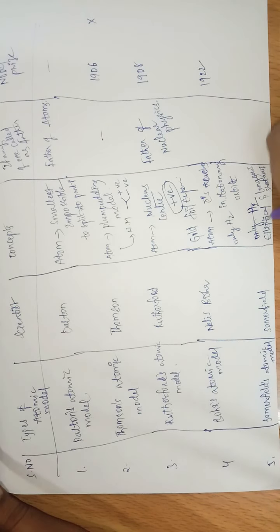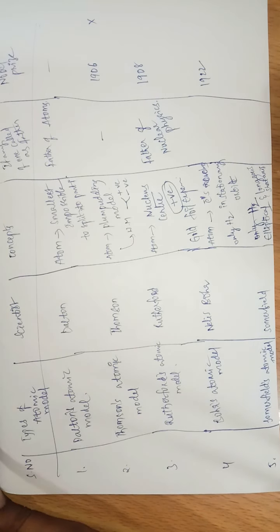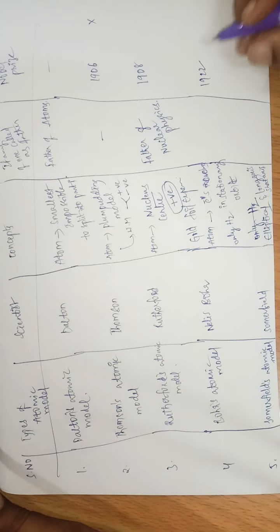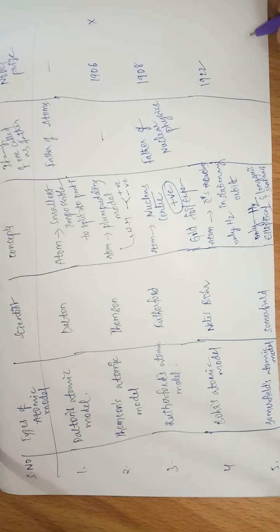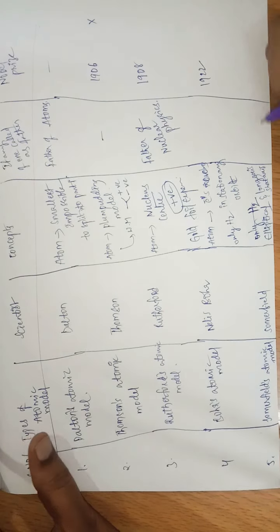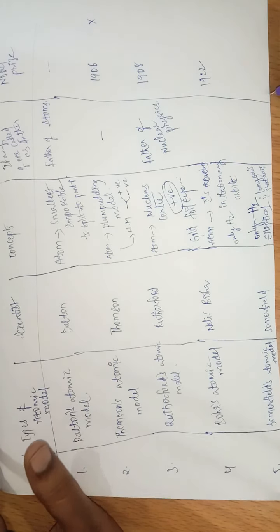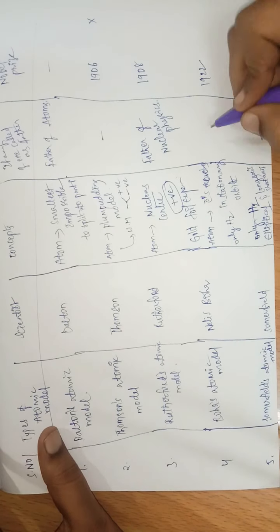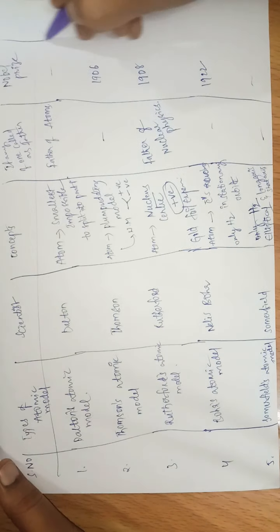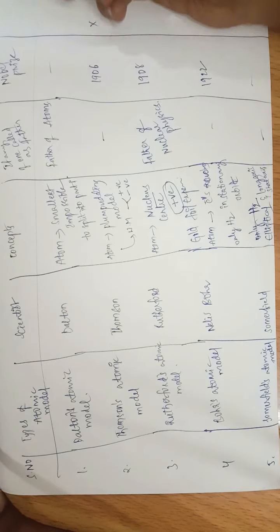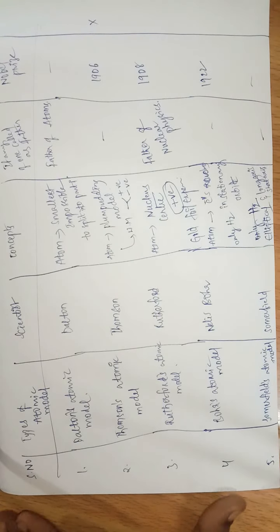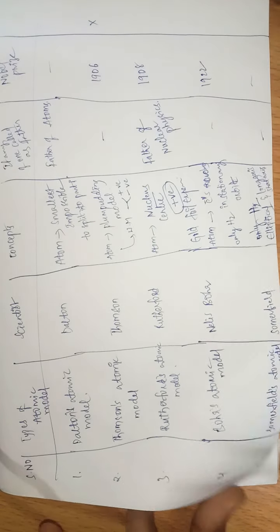He said that electrons move in an elliptical path in an atom, which has a long axis and a short axis. This is the simple table. We can remember it in an easy way.